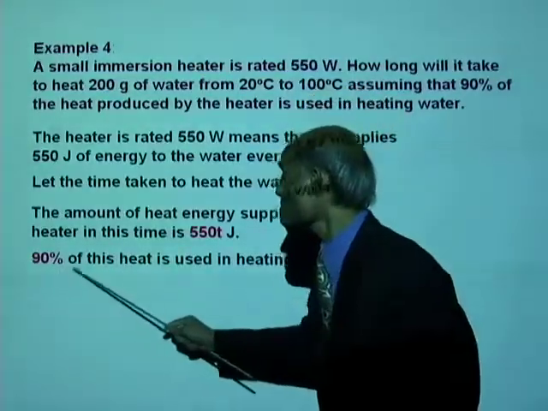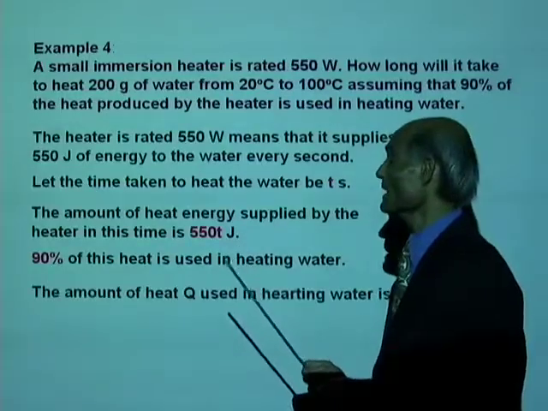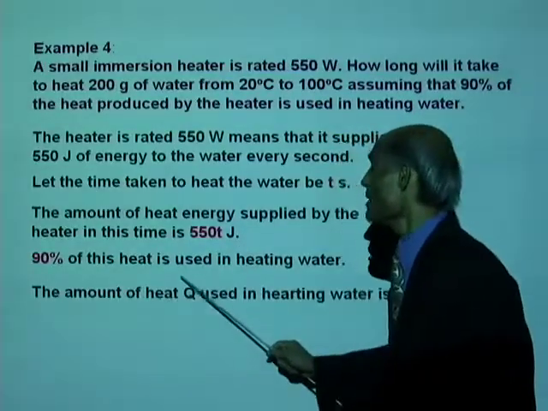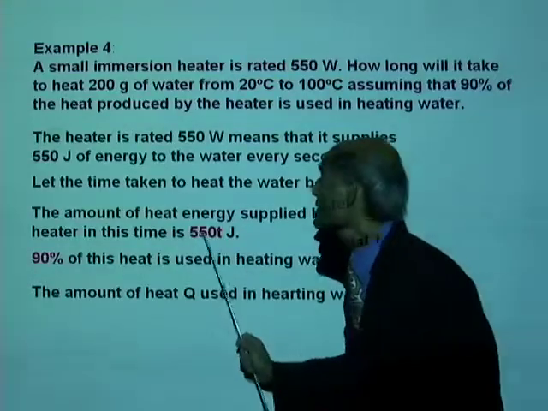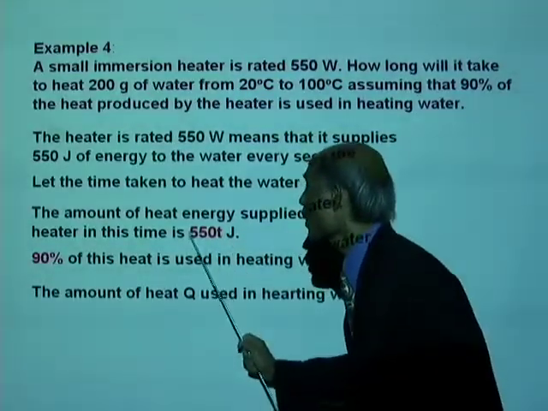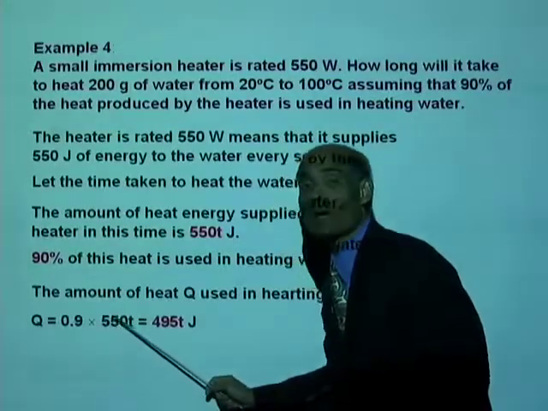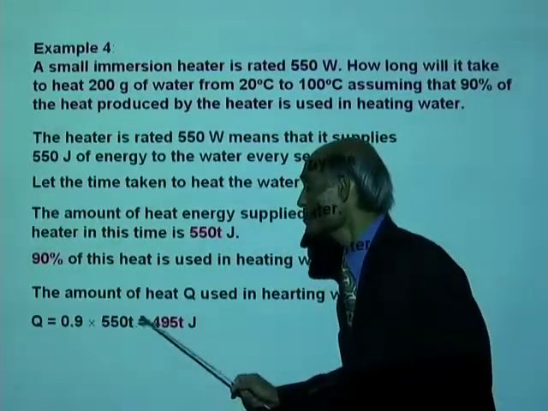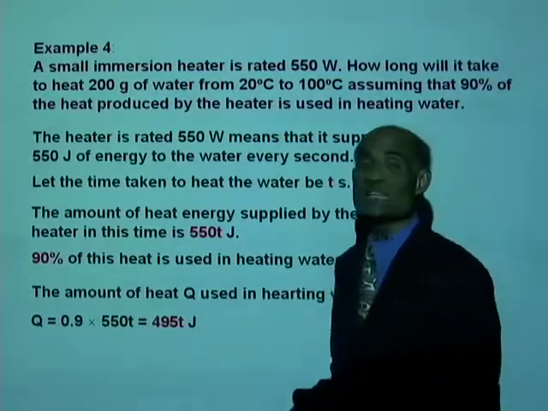Alright, 90% of this heat is used in heating water, and therefore the amount of heat Q used in heating water is 90% of this, which is 0.9 multiplied by 550 t. That will be 495 t.